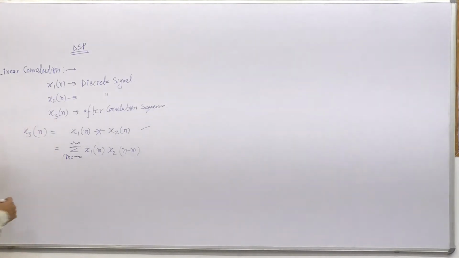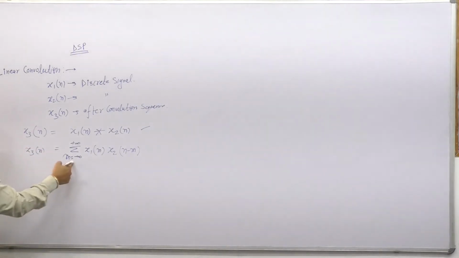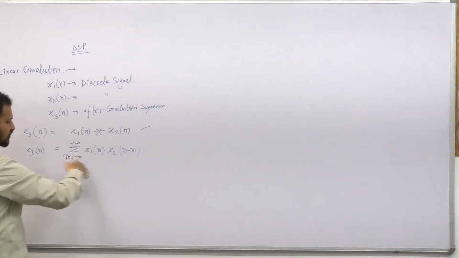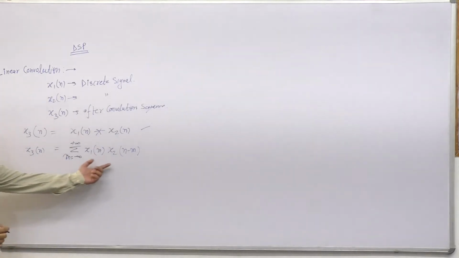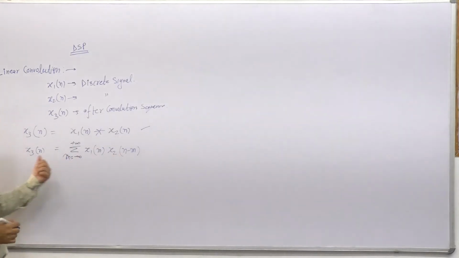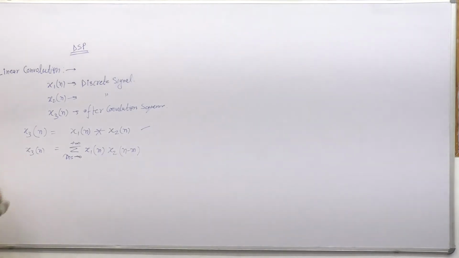So m is the variable, and if we compute this summation, the overall value will come in the form of n, and the final result in the form of n. That is how we describe the linear convolution relationship.